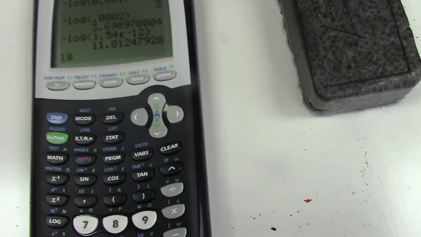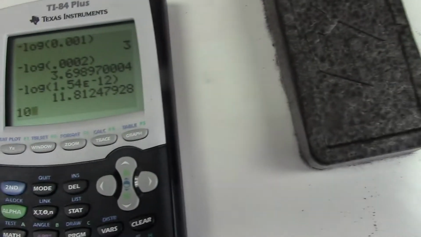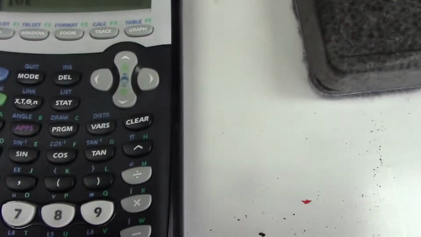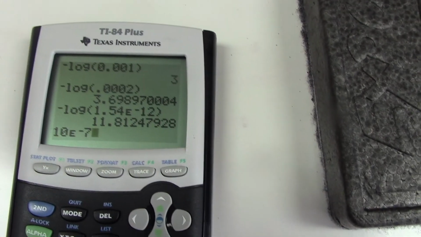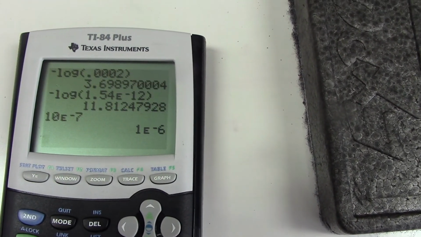And when we solve for that, 10, second function, e to the e, negative 7. Oh, sorry, that's not correct. 10.